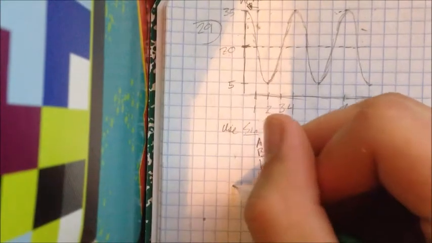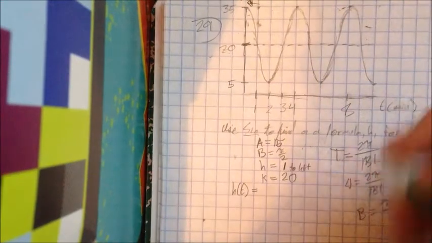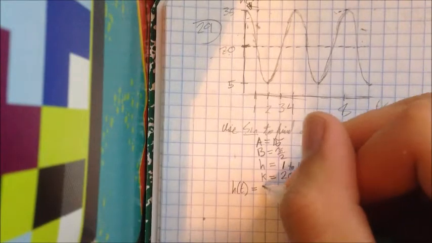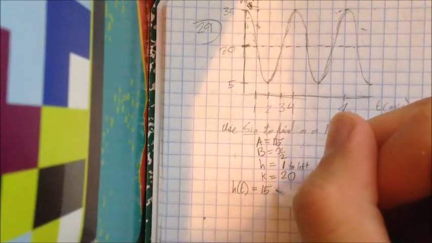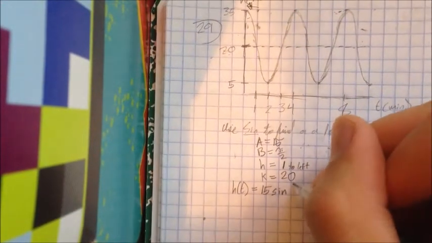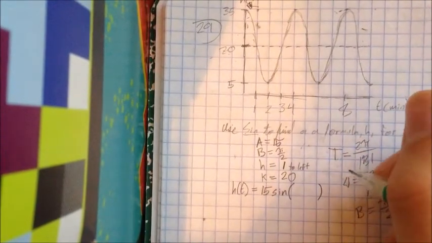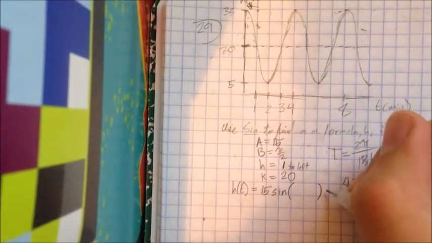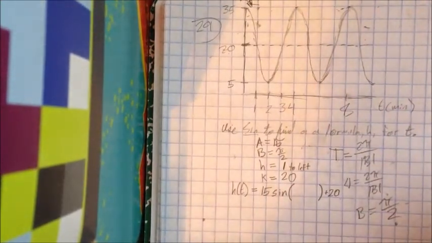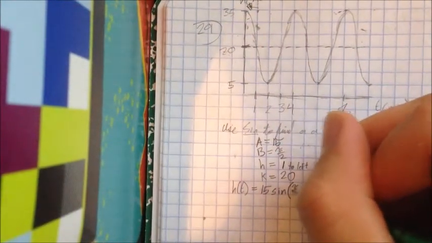So let's go ahead and start writing our formula. H of t is equal to the amplitude, which was 15, sine, because we have to write this as a sine function, parentheses, and then there was a shift up of 20 units. And so in here we know that b is equal to pi divided by 2.